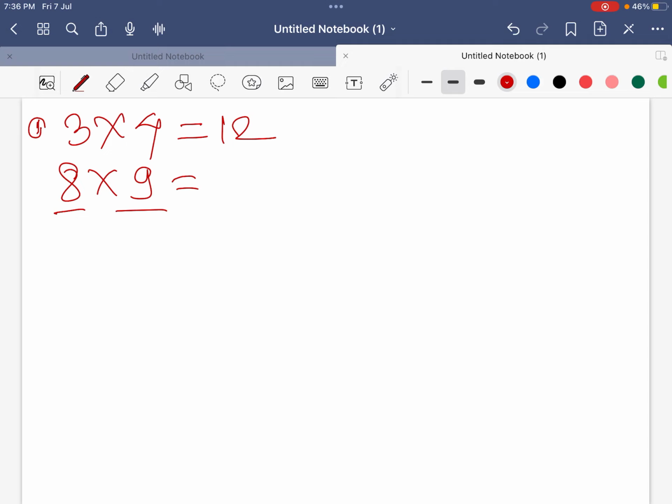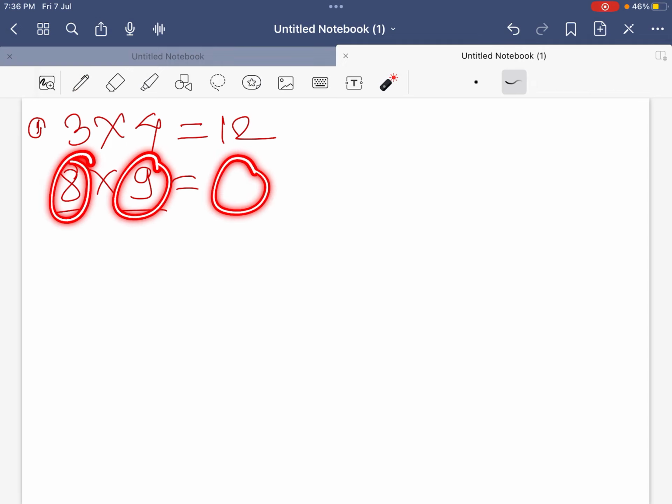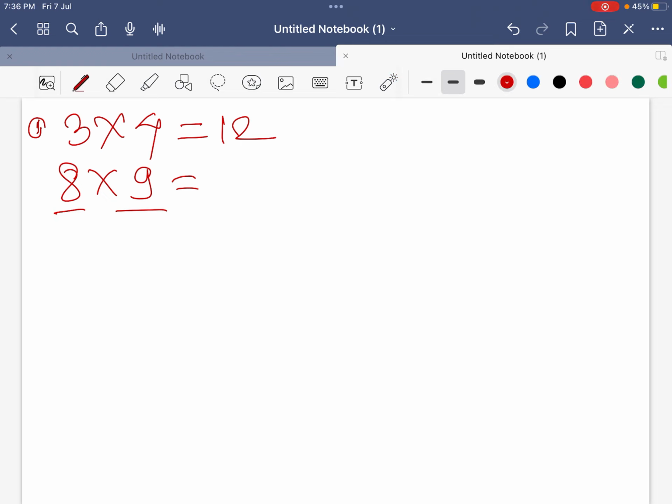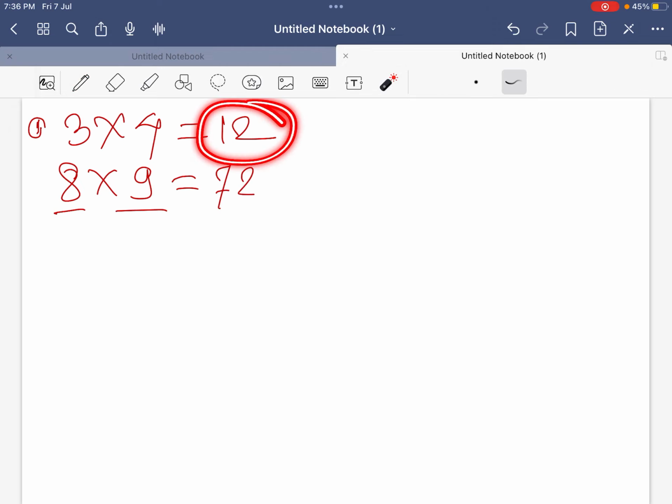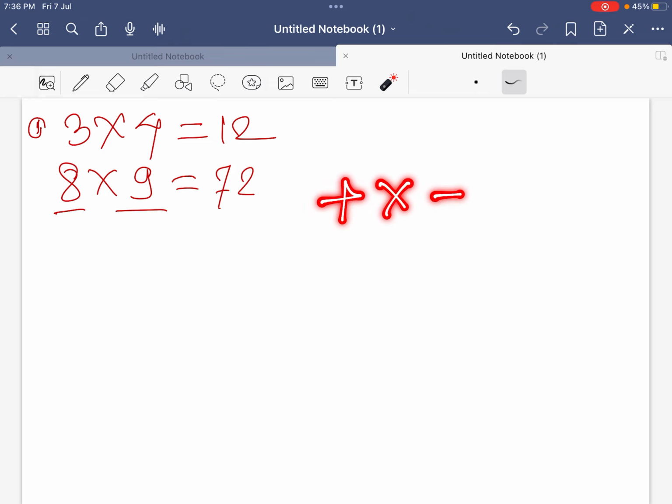Both are positive numbers, so your answer is also positive. So 8 9s are 72, and we have to keep in mind, the sign of both numbers is positive. So the condition is that if the first number is positive and the second number is also positive, then the answer is also positive. Clear?